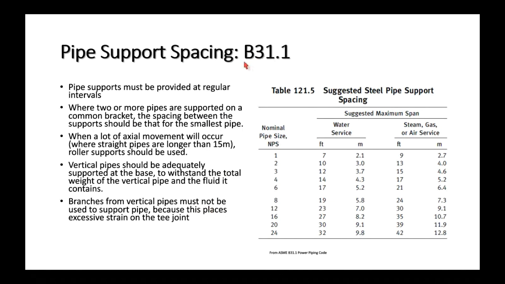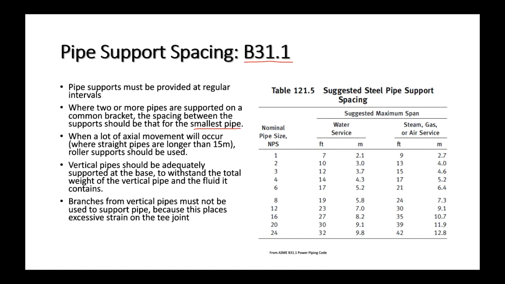So B31.1 power piping code says something about pipe supports. Do we have to support it at regular intervals? Now maybe we've got a common bracket, and maybe there's a small pipe and a large pipe. Well, what we'll do is we will support both pipes at intervals that are appropriate for the smallest pipe, because a small diameter pipe isn't very rigid.